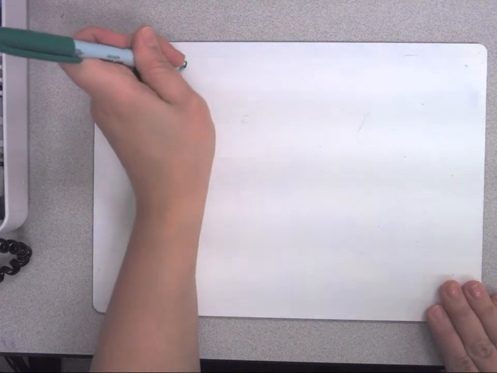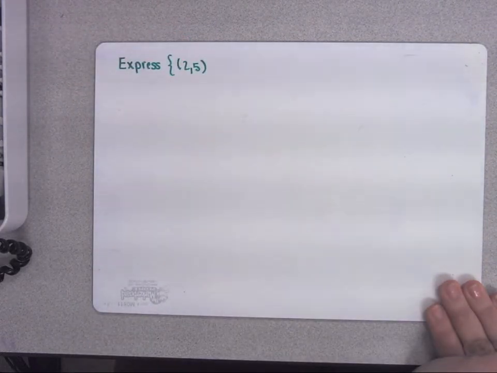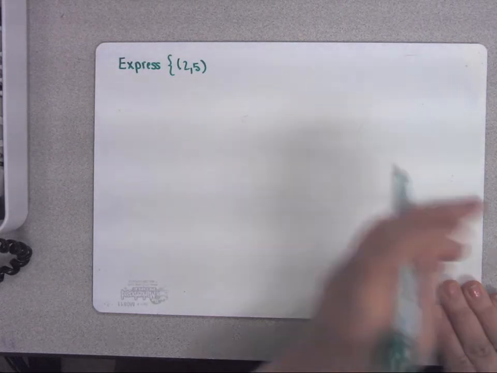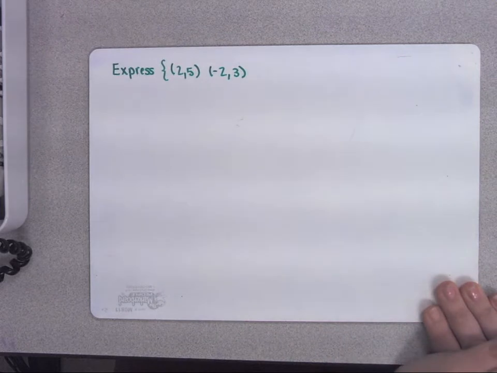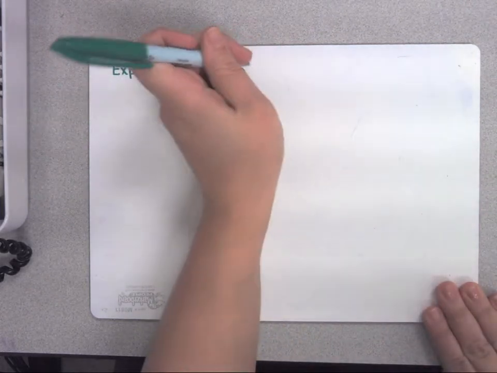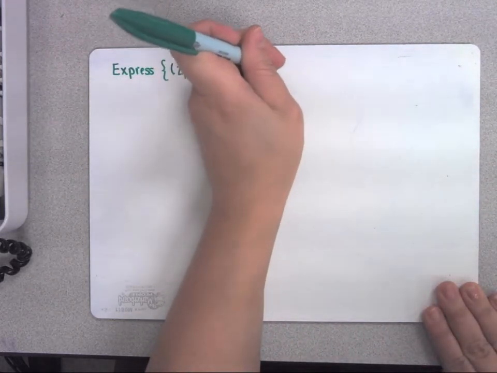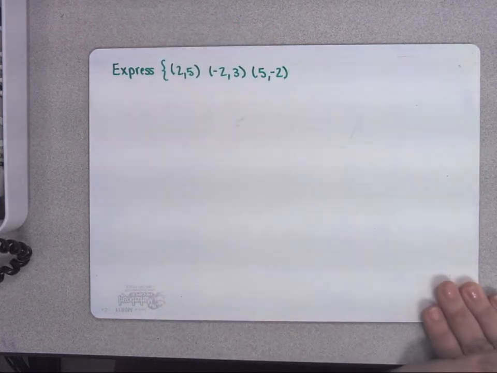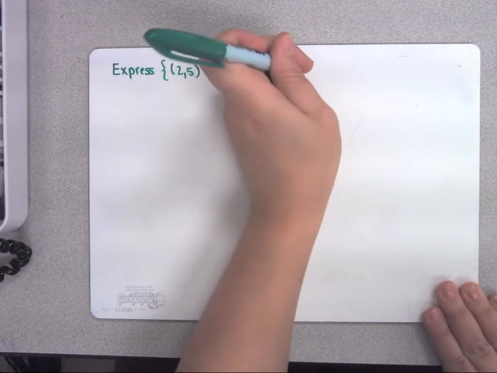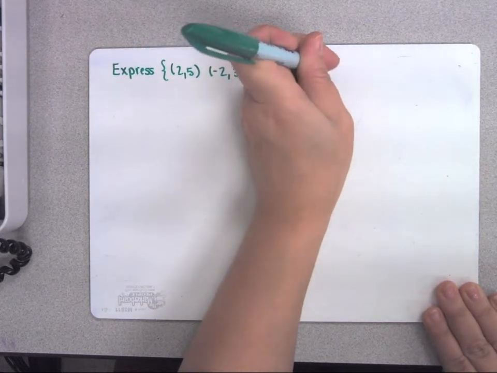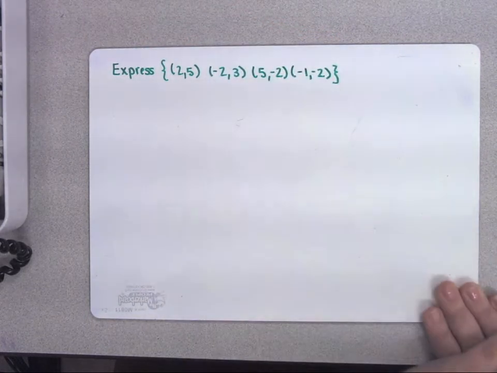First ordered pair is 2, 5. Then parentheses. A second ordered pair is -2, 3. Third ordered pair is 5, -2. Fourth ordered pair is -1, -2. And we're going to close our fancy brackets.